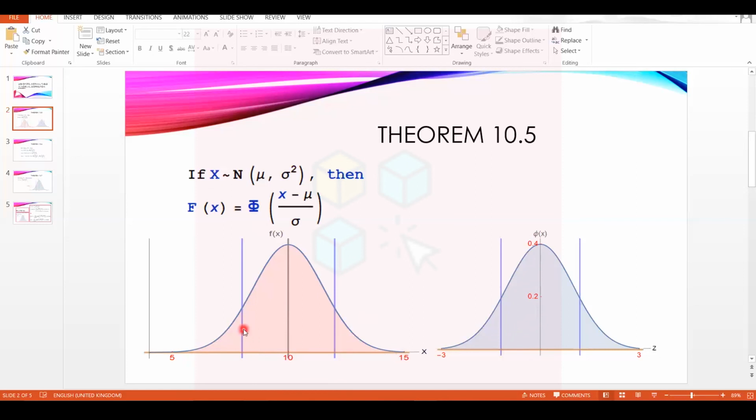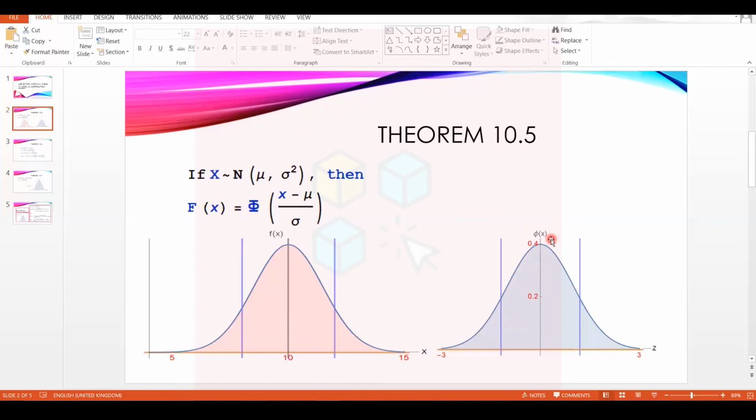There are 2 points on both curves, and these 2 points are on either side of the tail, or either side of the mean. The ordinate is the maximum point of the curve, which is here 0.4, and which is also calculated by its probability density function.